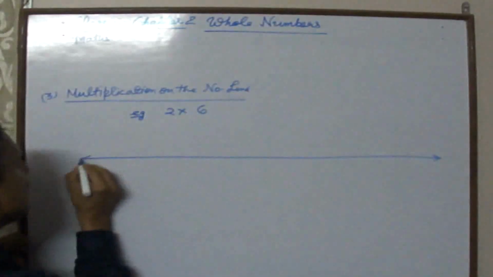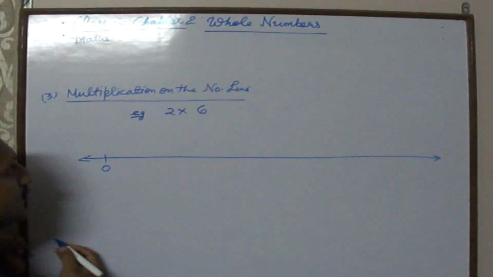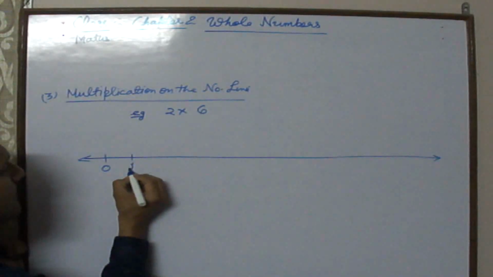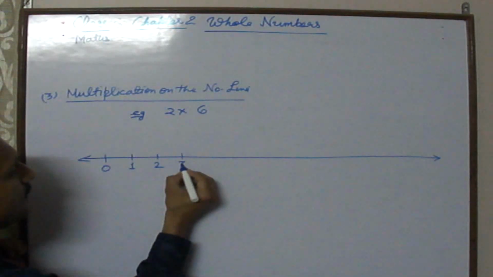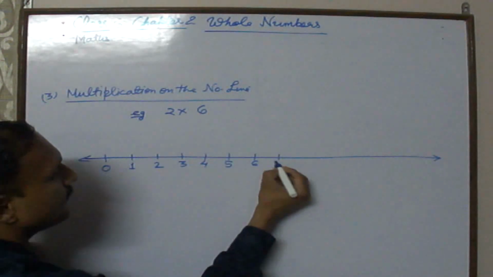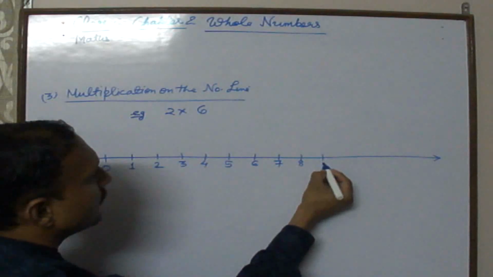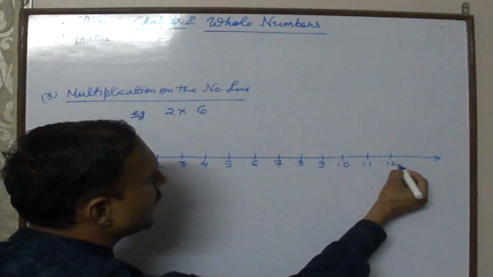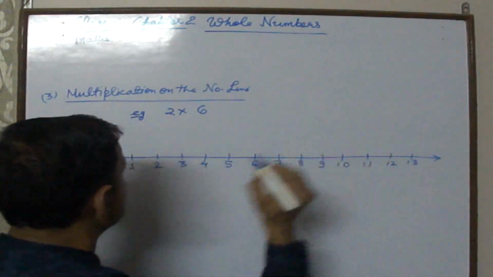I have made one number line. Let's start with 0 only, because we are dealing with whole numbers. 0, 1, 2, 3, 4, 5, 6, 7, 8, 9, 10, 11, 12, 13 and so on.